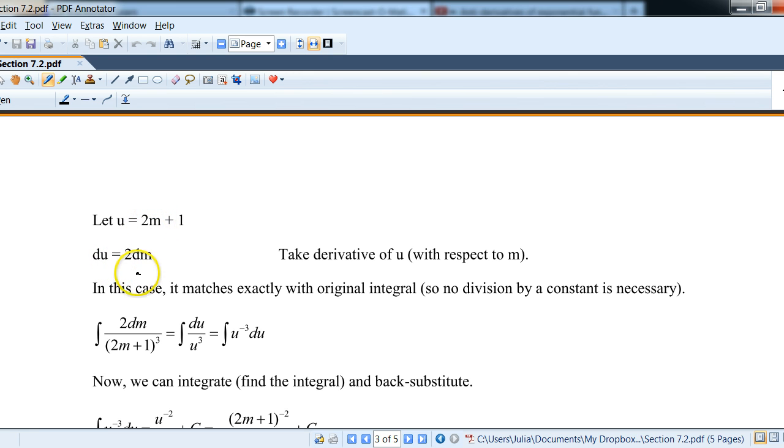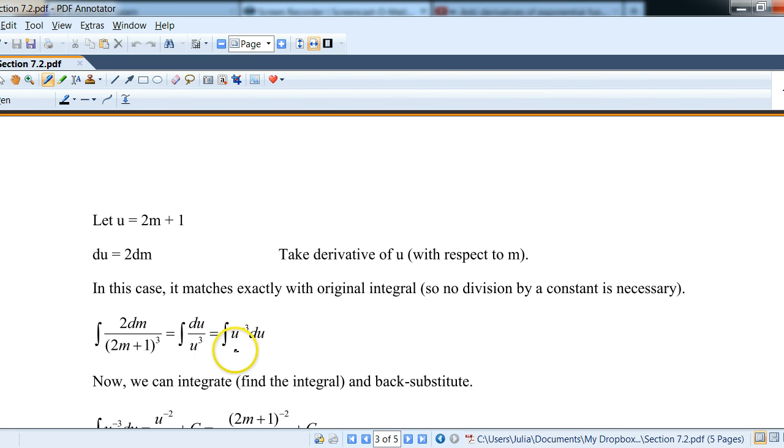The m is gone, but we have the dm. If you notice, we're going to keep the same variable. The 1 is gone because that's a constant. Now notice, we do have 2 times dm in the numerator, so it does match exactly. So 2 times dm, that's du, over 2m plus 1 cubed in the denominator, that's u cubed, and that's our substitution.